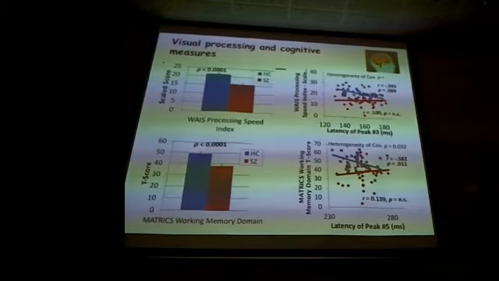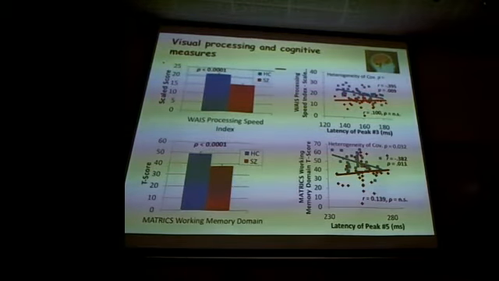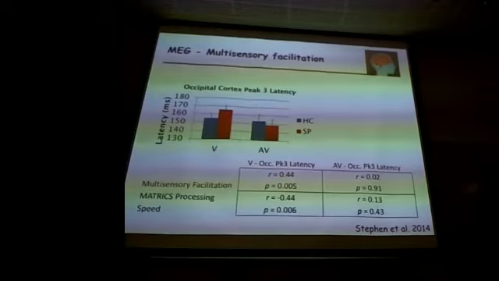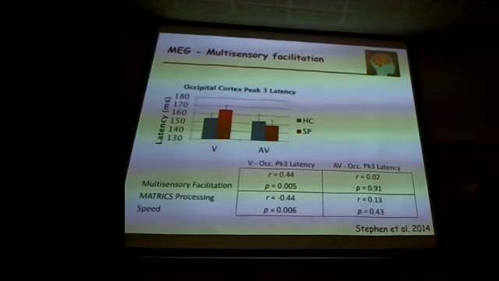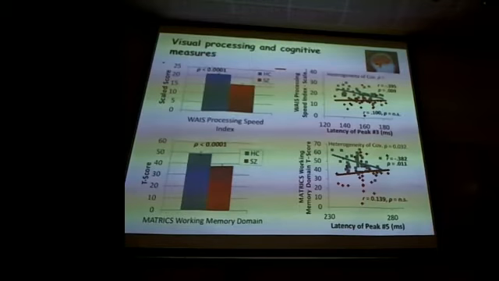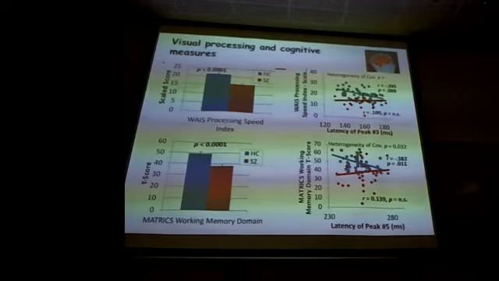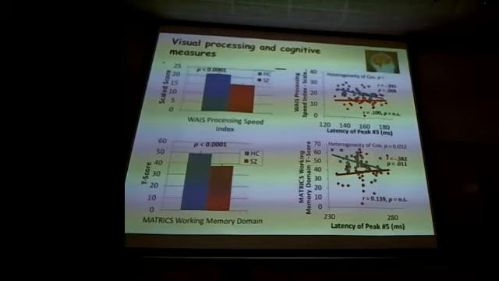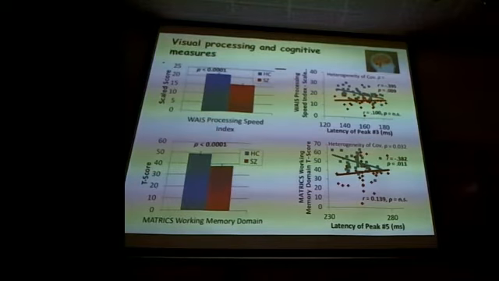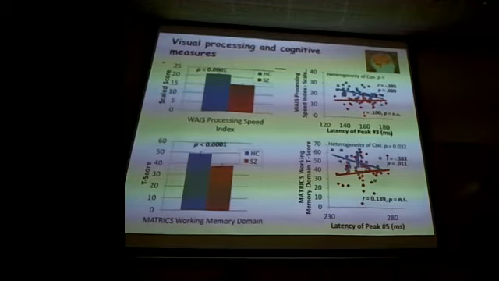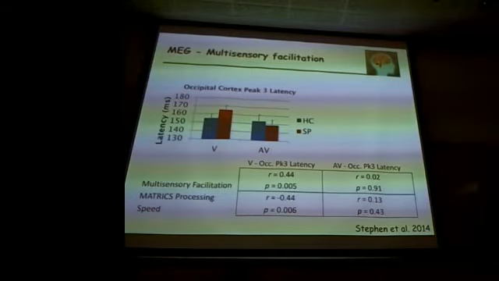And it's the same for this working memory measure, except this is with peak 5 now. So there's this association between latencies, and what I just wanted to point out is that we're not talking about a large variance in latencies. It's still a fairly small difference in terms of the timing here, 60 milliseconds, in association with behavior.